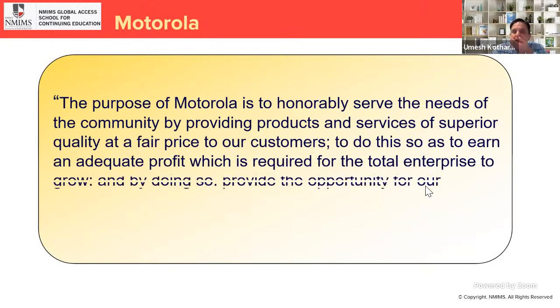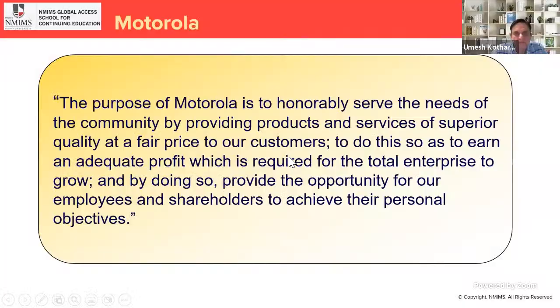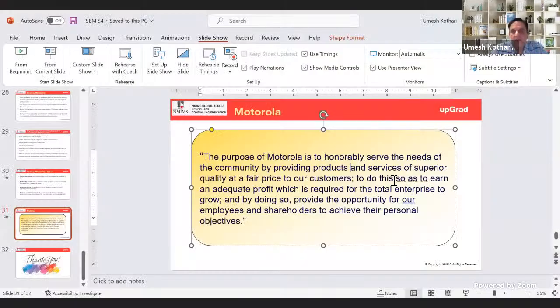Now just read this. If you want to take a picture shot of this, take it, guys. So that's my statement. Now, if I were to break this down into three broad areas, this is one of them.